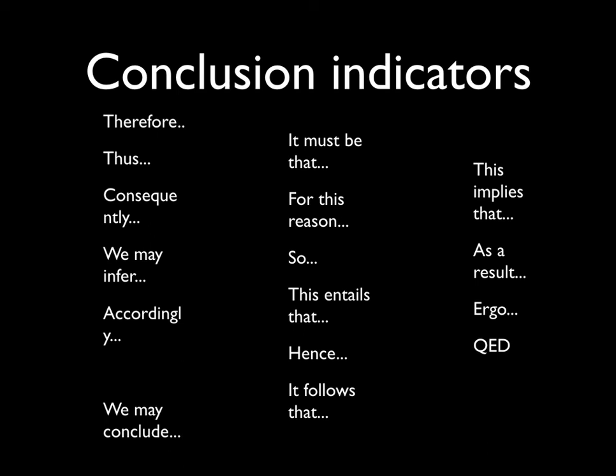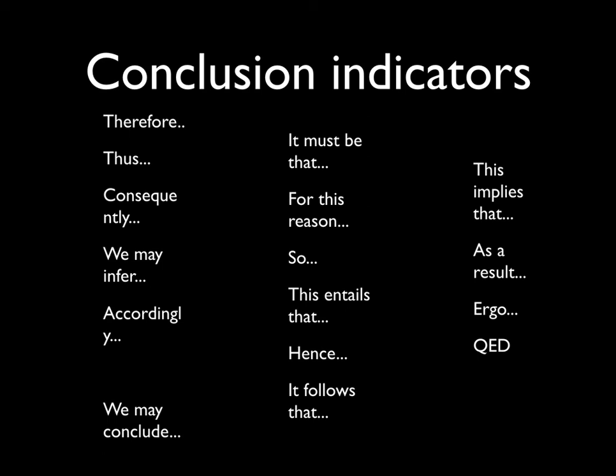One last note on QED. It actually stands for Quod erat demonstrandum, which means in Latin, what was to be proved, what was to be demonstrated. You usually see that one in mathematics.